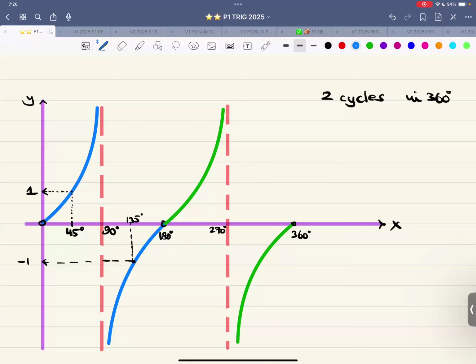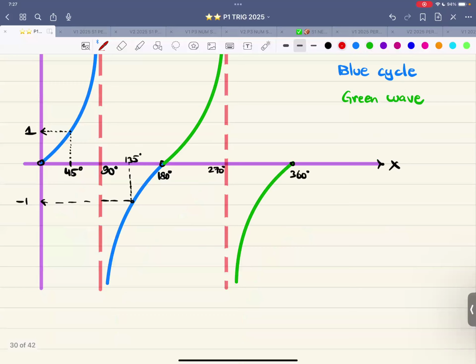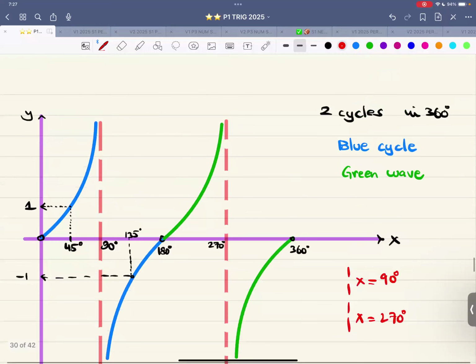There is the blue cycle, and then there is the green cycle or the green wave. It's a broken wave. There are vertical asymptotes at 90 degrees, vertical asymptote at x is 90, at x is 270. That is on the right hand side of the graph.